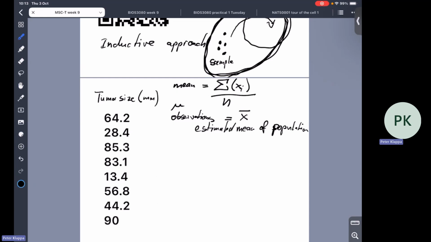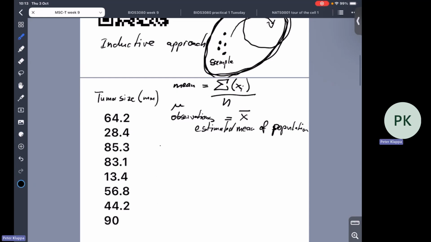Okay, so I can make an estimate from my sample. And I say, if I got a sample mean, I can use this to estimate the population mean. So far, so good. So I do my 10 measurements, or in this case, 8 measurements with the tumor. And great.